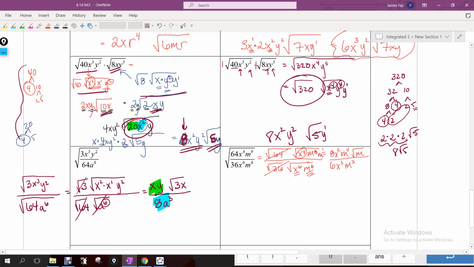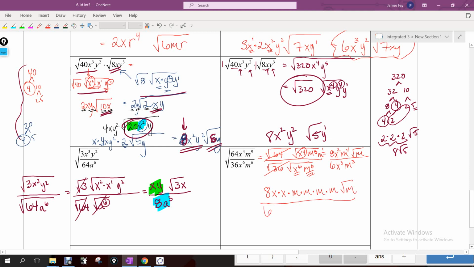And now, I'm going to rewrite this down here. We have 8x squared, which let me just write it this way just so we can make a comparison of what we're going to be doing here. X squared is x times x. M to the 4th is m times m times m times m times then root m. So that's the numerator expanded, not using powers.